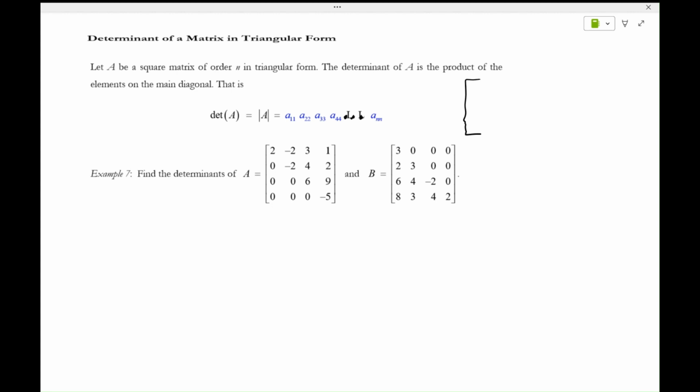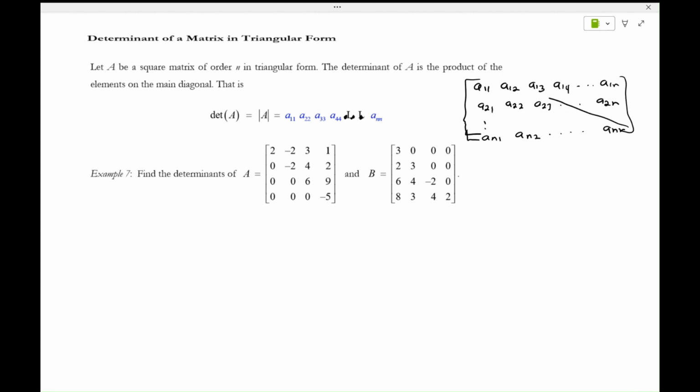Because if you have a matrix, A11, A12, A13, A14, up to A1n, then here you will have A21, A22, A23 up to A2n. Then if you continue, depending on the number of rows, we will have An1, An2, up to the last entry here, which will be Ann.